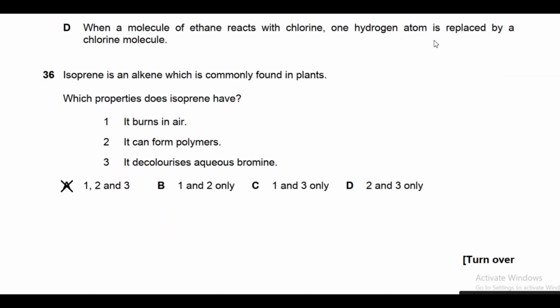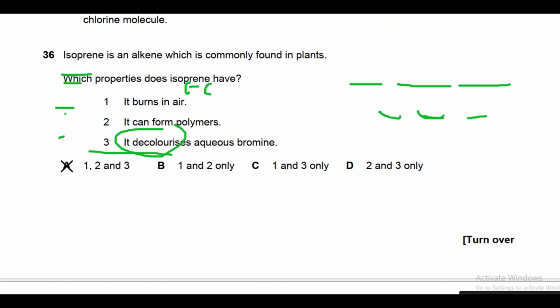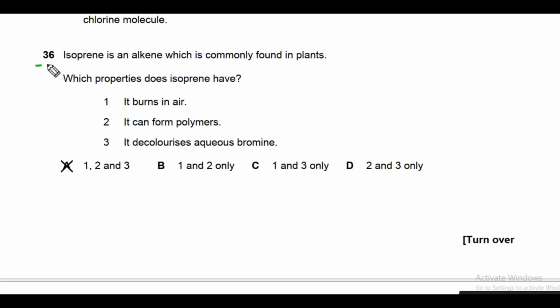Next, isoprene is an alkene which is commonly found in plants. Which properties does isoprene have? It is an alkene. So 1, it burns in air.